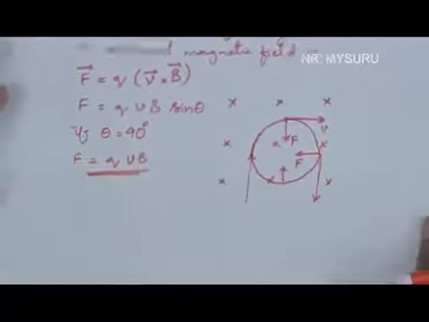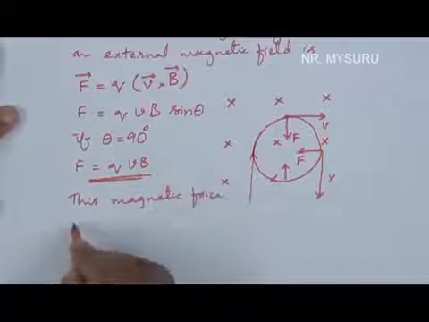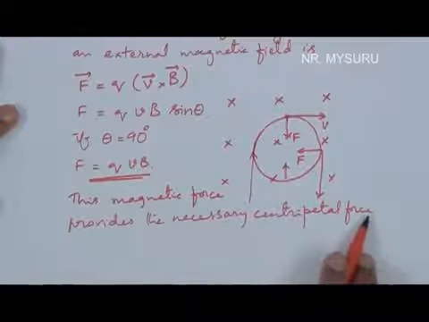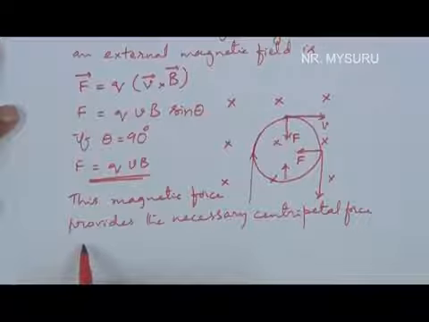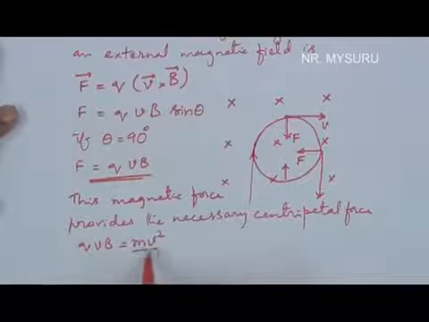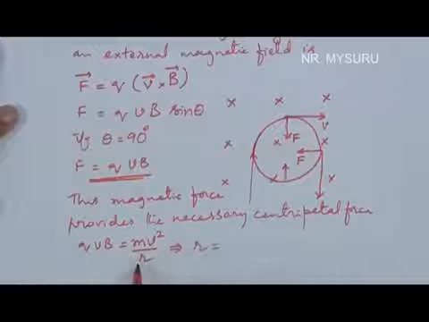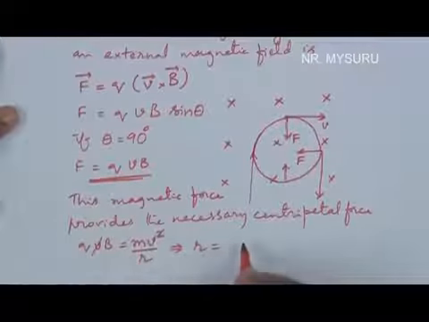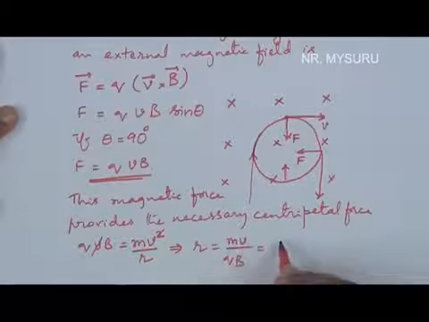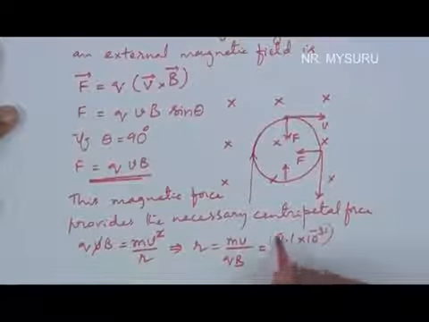Therefore, we can write that this magnetic force provides the necessary centripetal force. Therefore, QVB equal to mv square by r implies radius of the circular path is, one velocity gets cancelled, mv by qB, where m is mass of an electron, 9.1 10 power minus 31 kg.